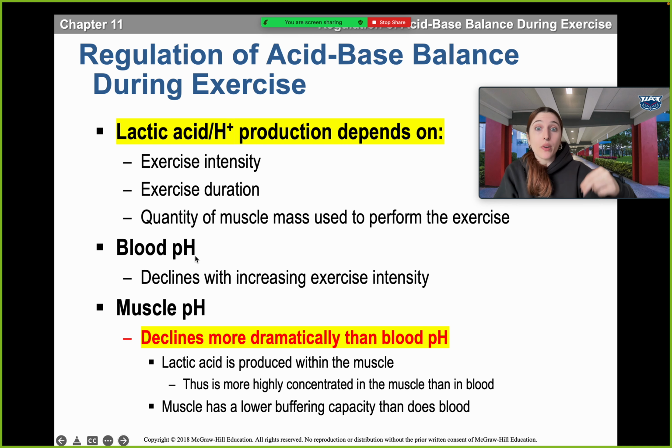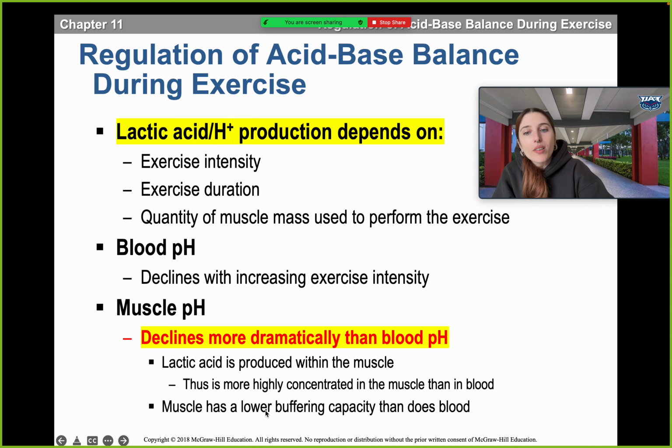They both are going to decline with increasing exercise intensity. The more exercise we do, the more lactic acid we produce, the more acidic we get, the lower the pH goes. But muscle pH declines more dramatically than blood pH. Why? Because that's where the lactic acid is being produced, within the muscle, so there's more there.